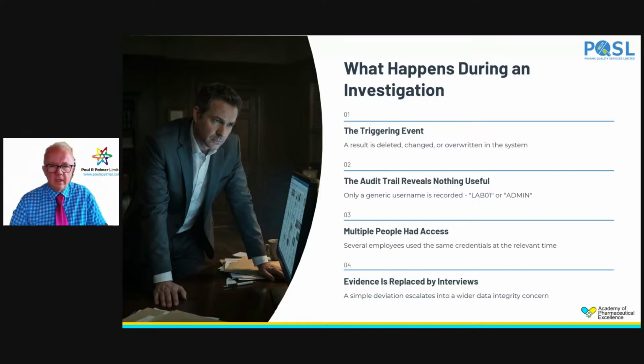Several employees use the same credentials at the relevant time. But the evidence is replaced by interviews. And of course, if somebody's been doing it maliciously, they won't admit anything. So not only is your data useless, your interviews are too. And you can escalate into a wider data integrity concern when you don't know who's doing what.